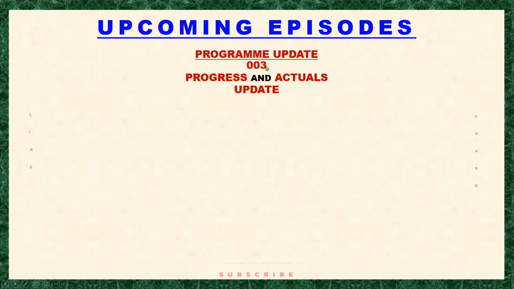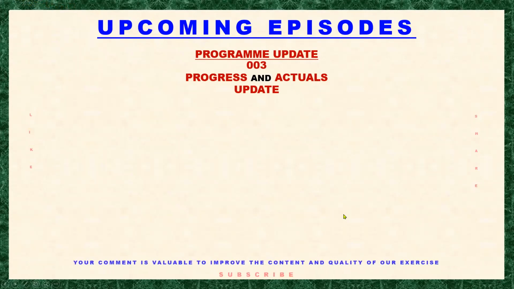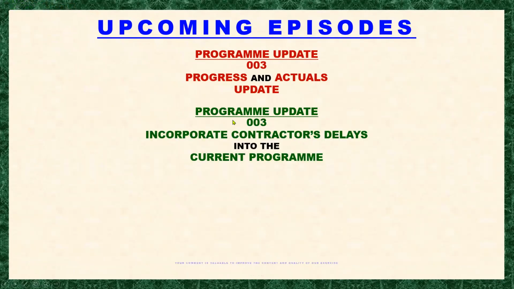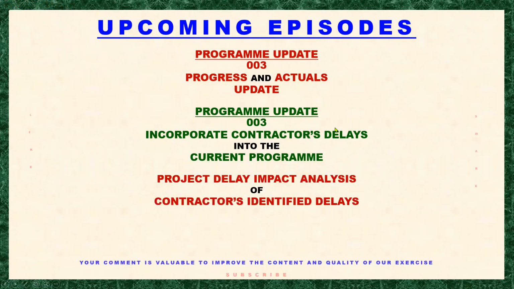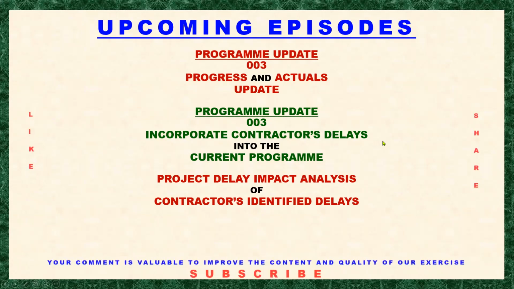Okay, program update 003, progress and actuals updates. So we still have not yet started our update or third month update. Program update 003: incorporate contractors delays into the current program. So meaning on this update period, we will be working on, or assuming, contractors delays.